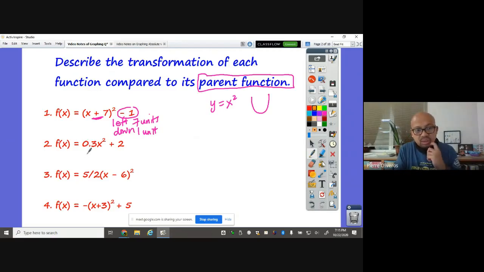Now here, f of x equals 0.3 x squared plus 2. The 0.3 here is the coefficient a, which is less than 1 but bigger than 0.